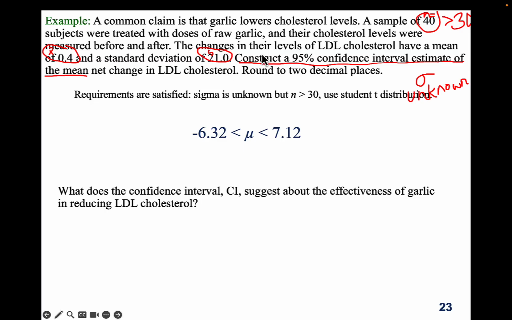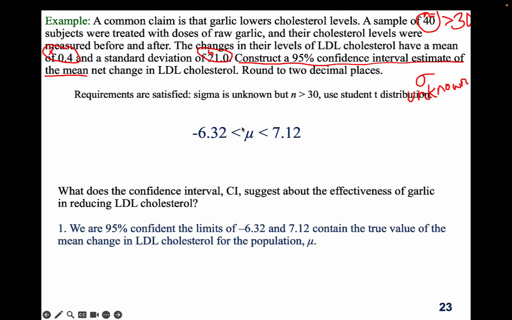So the way we would interpret this interval is we are 95% confident that the true population mean is between negative 6.32 and 7.12. So 0 is between. It could very well be 0.